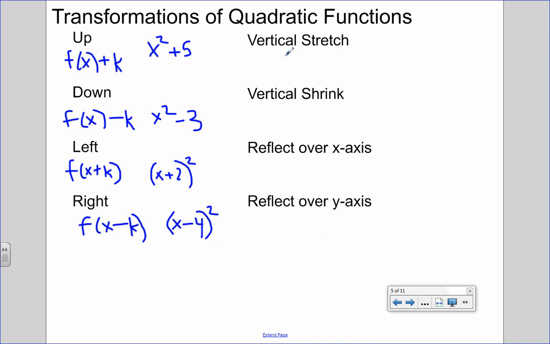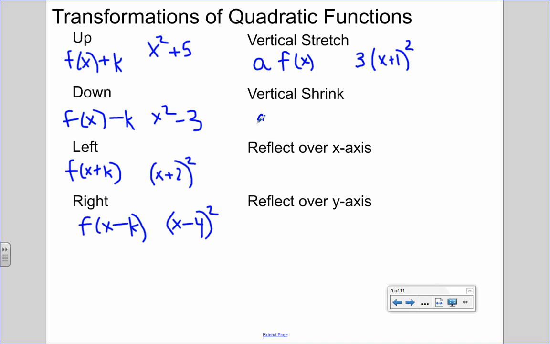Vertical stretch. That is multiplying an entire function by a value. For a quadratic, that could look like this. So this would be a quadratic that has been shifted left 1 and then vertically stretched by a factor of 3.